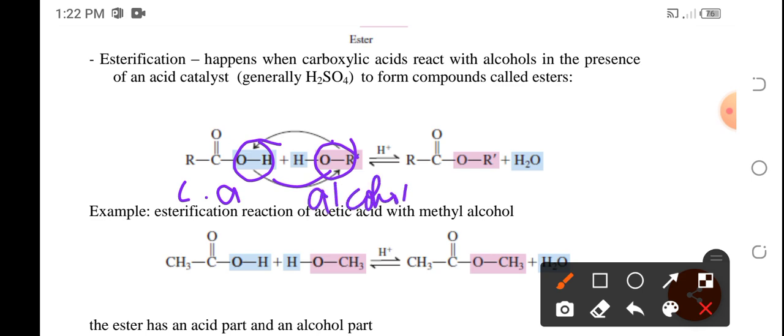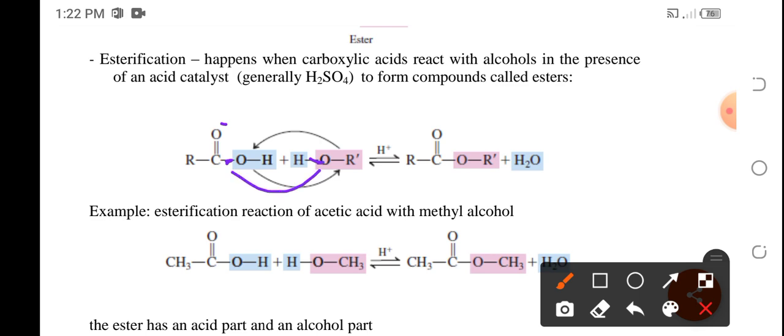The hydroxyl part reacts with the hydrogen so as to produce water. And since there is an open linkage between this carbon atom and the oxygen here, they will connect. So that would be the ester, RC double bond O, OR.